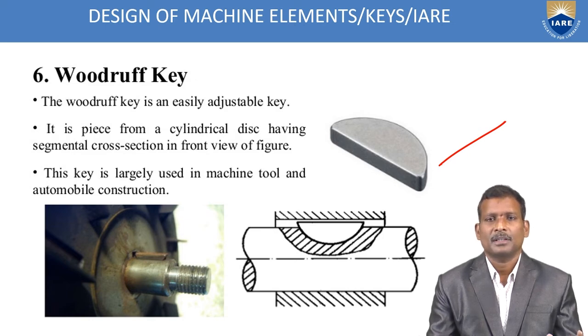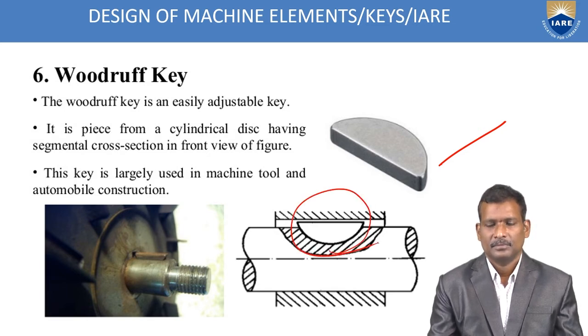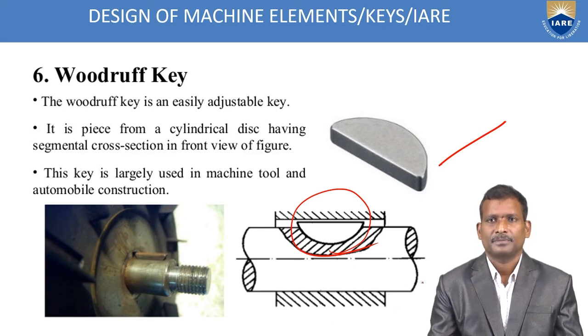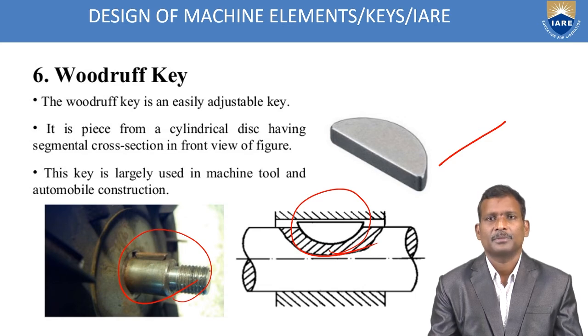The shape of the key is a semicircle. It is a piece from a cylindrical disc, so it has a segmental cross section. You can see here the actual key used in a machine tool.